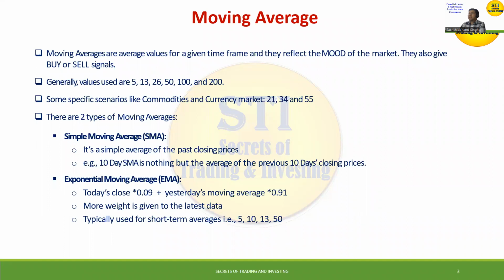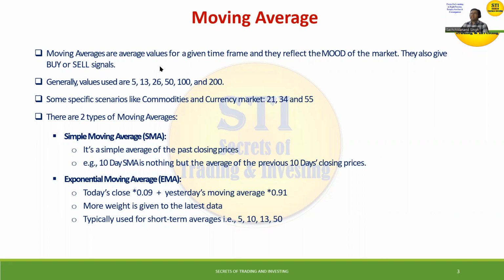At the same time, these moving averages also give you a signal of buy or sell. As of now, this is enough to understand; when we learn about the implementation, we will see how to use them. These values are generally 5, 13, 26, 50, 100, or 200.